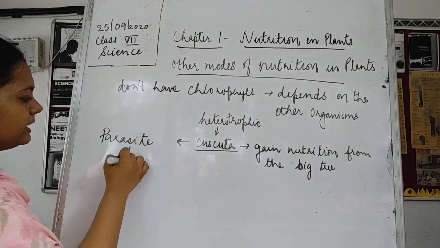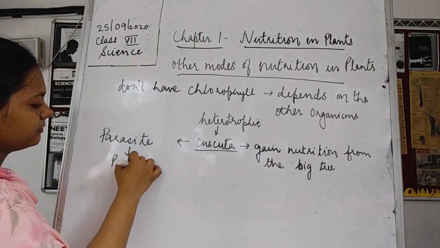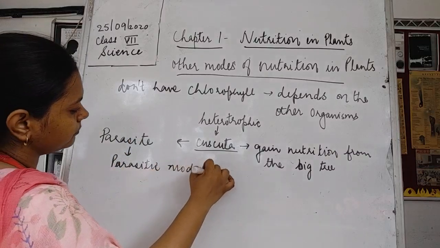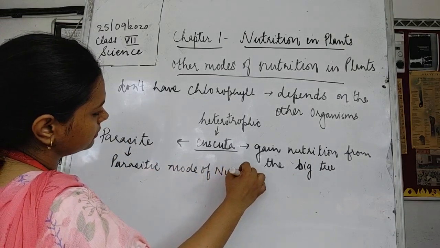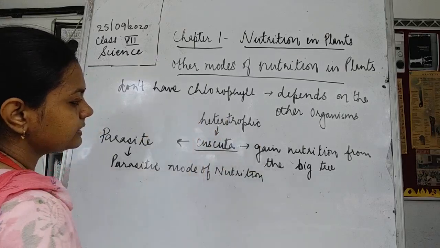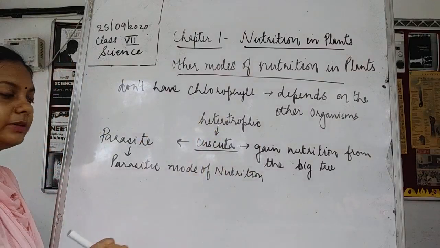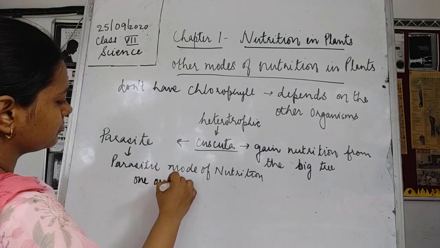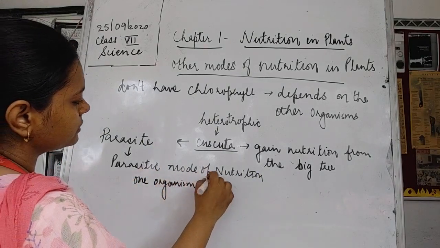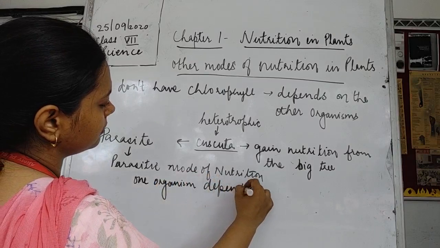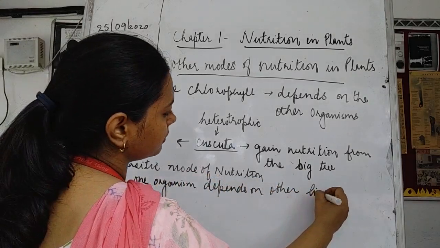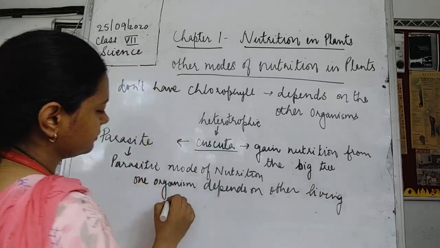So these parasites undergo the parasitic mode of nutrition. So what is this parasitic mode of nutrition? Parasitic mode of nutrition means where one organism depends on another living organism.